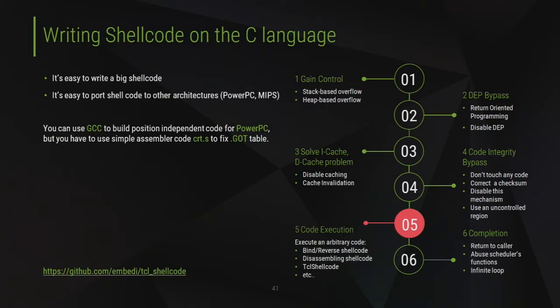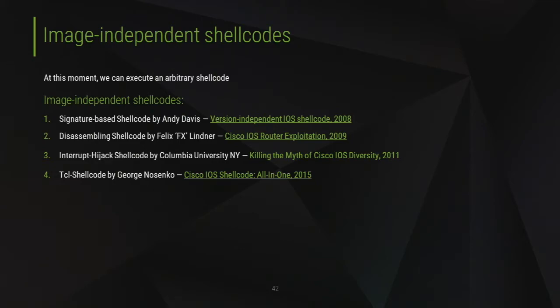This template uses GCC to build position-independent code for PowerPC and simple assembler code to fix the global offset table. Due to the lack of an open API interface and Cisco diversity, your shellcode will only work on one image of the device if you don't make an effort to avoid it.